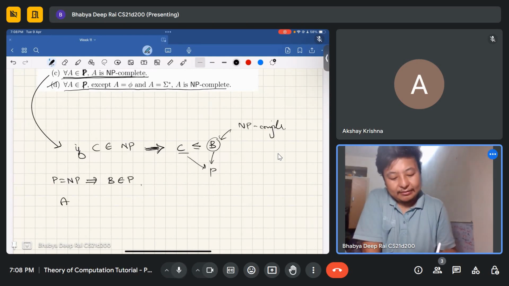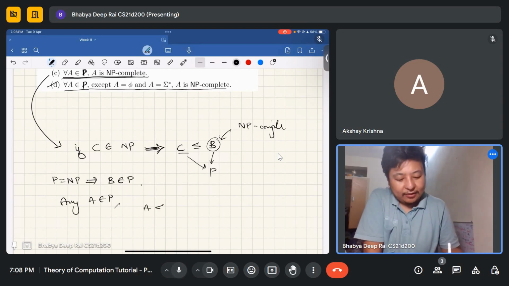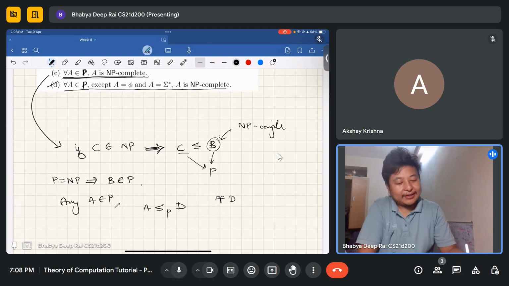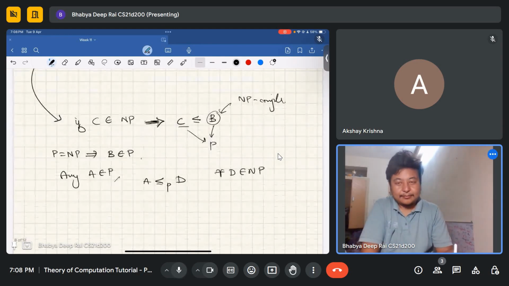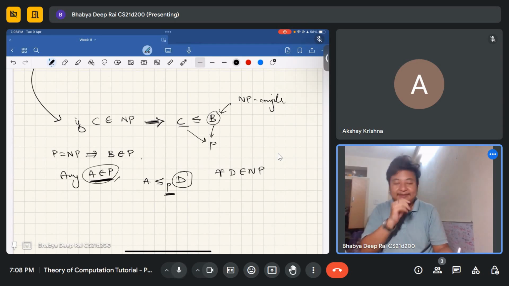Now take any A in P. A will always polynomial time reduce to any other language. A is in P means it will reduce to any other language, say D, for all D in NP. Why? Because if I want to solve something in polynomial time, I can ignore whatever D's solver says, and just use the polynomial time Turing machine to solve it myself.